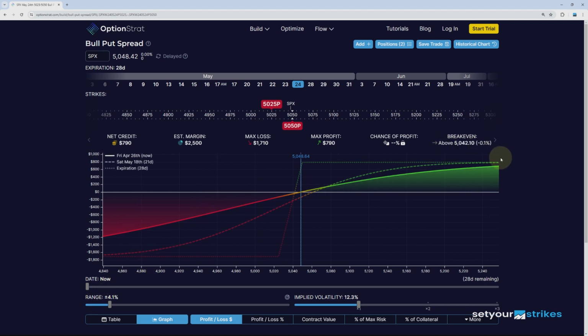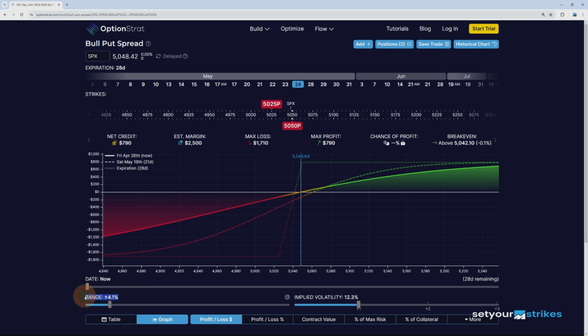From the very far right here, this is if the S&P 500 index is trading around 5050, right? That's our short strike there right at the money. Maybe we move up to, say, 5150, somewhere about here. That's like a 2% move, and then maybe another 200 points or so. 5250 is going to be about a 4% move, and that's the range that's been input here.